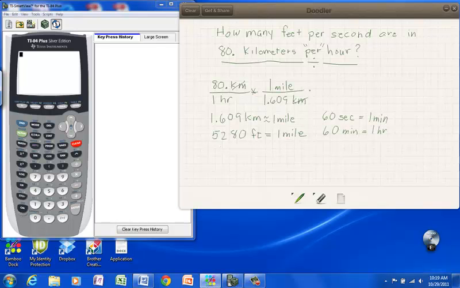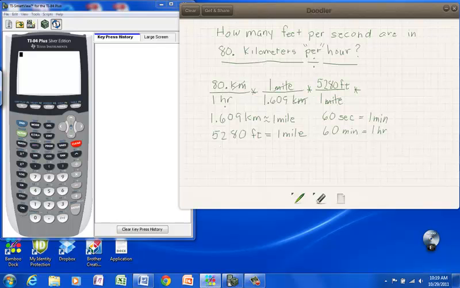Actually, this one. I need to get to feet. And I want the miles to cancel now, so I'll put the 1 mile in the denominator. And the 5,280 feet. Miles will cancel. And I really don't want to cancel any more of the feet out because feet is what my goal is.